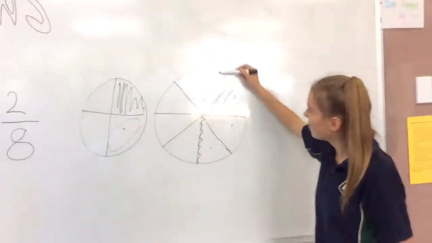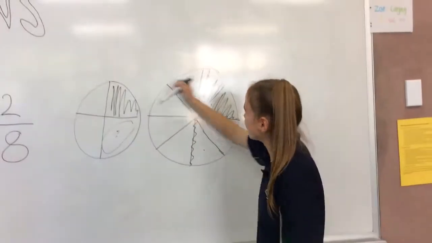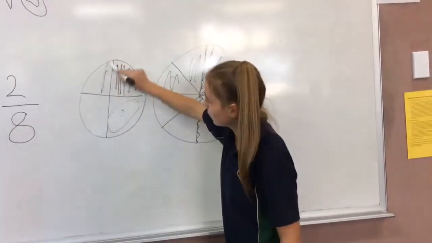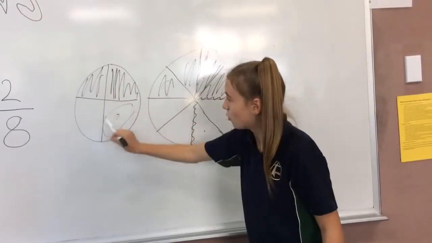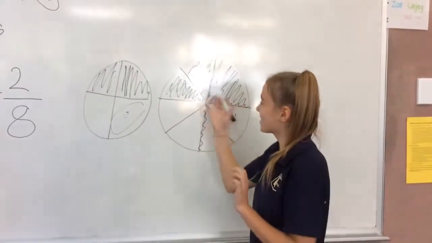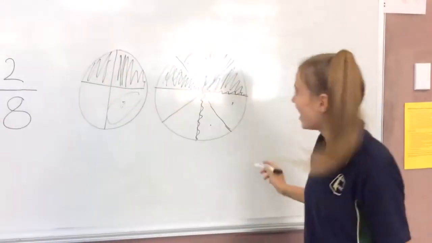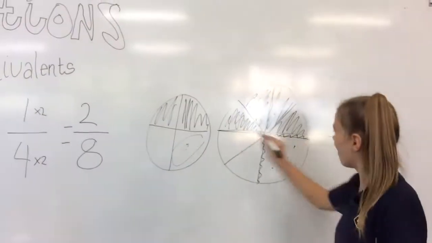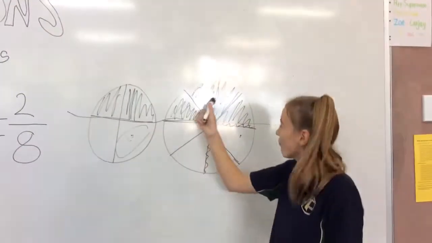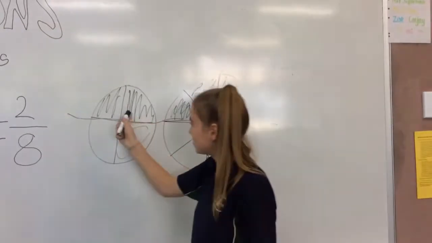And if I colour in 2 more of that one, and 1 more of that one, it's 2/4, and then this one's 4 eighths. So now both circles are equal to half, because 4 is half of 8, and 2 is half of 4.